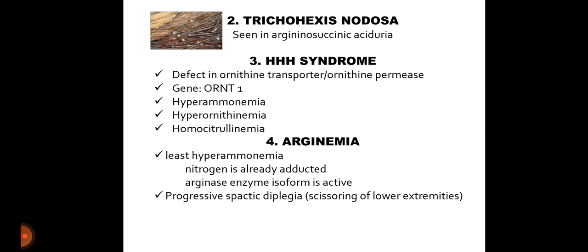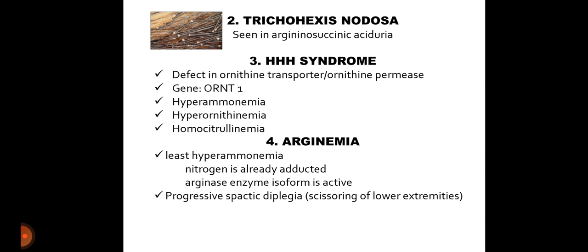So in the cytoplasm this ornithine accumulates. In the mitochondria it cannot combine with carbamyl phosphate. So this carbamyl phosphate will combine with lysine, and it forms homocystinuria. That is, you can see one H for homocystinuria.